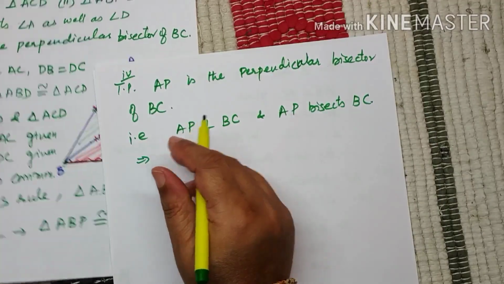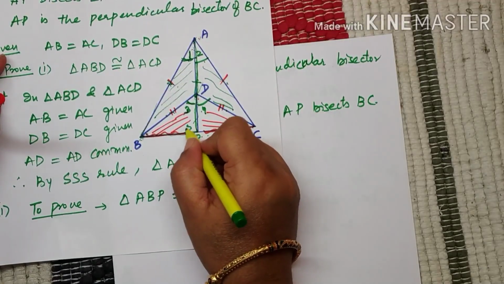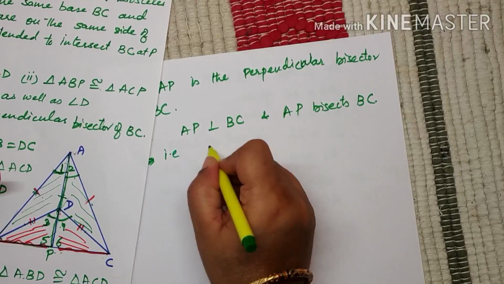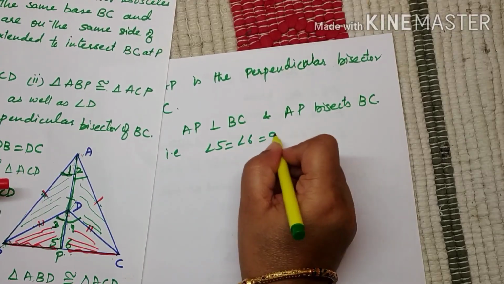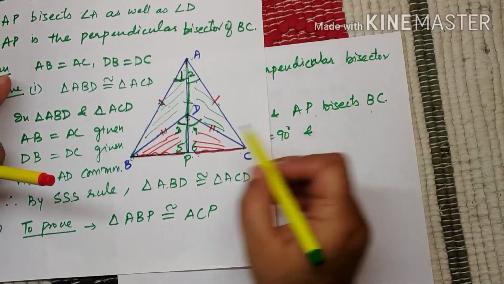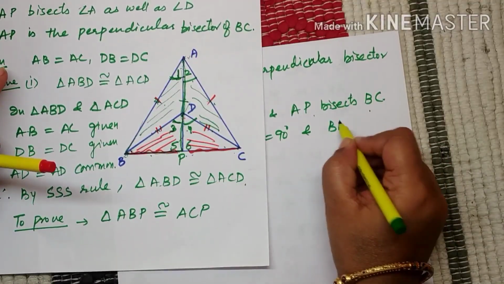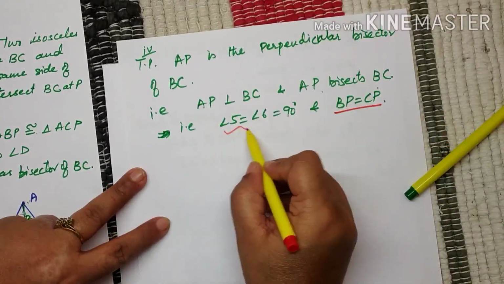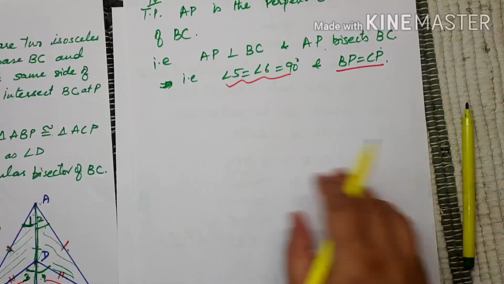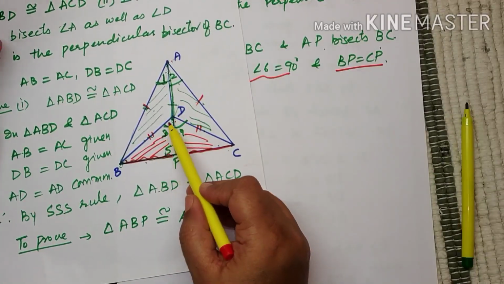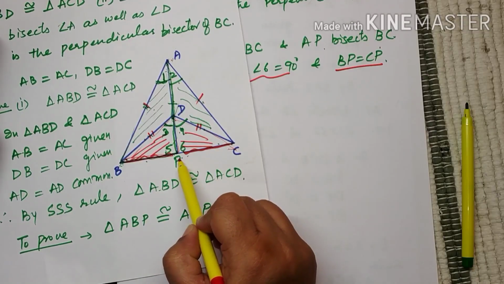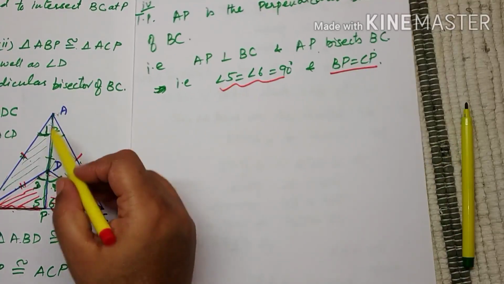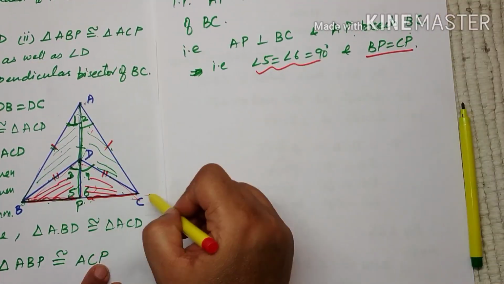Now if AP is perpendicular to BC, children, I need to prove that these angles 5 and 6 are 90. That is, angle 5 equal to 6 equal to 90. And in order to prove AP bisects BC, we need to prove BP equal to CP. This part is already done. All we are looking for is 5 and 6. We have just now proved these two smaller triangles congruent. 5 and 6 are part of these triangles only, and even the bigger triangles APB and APC.